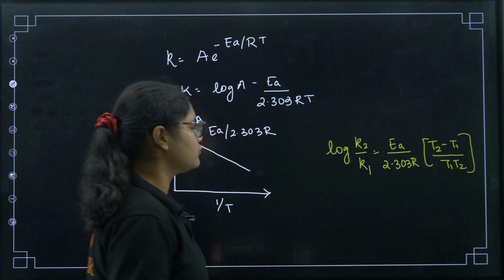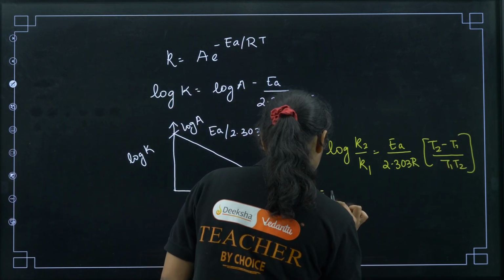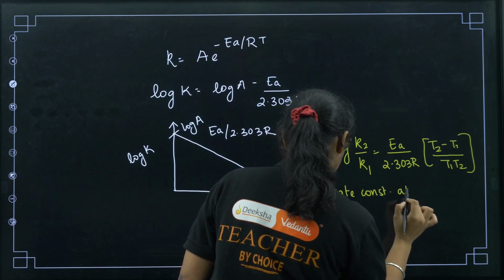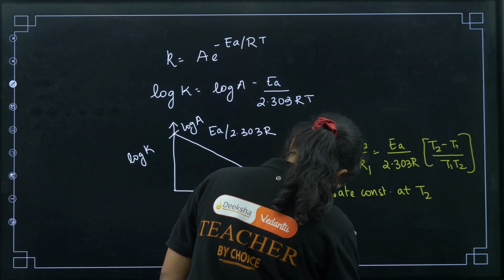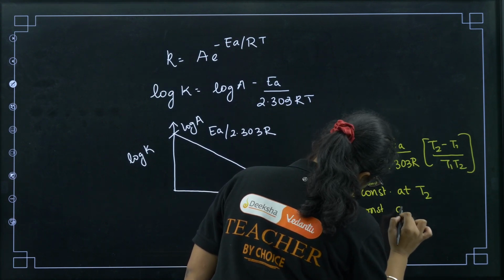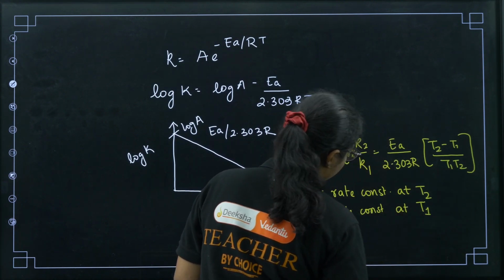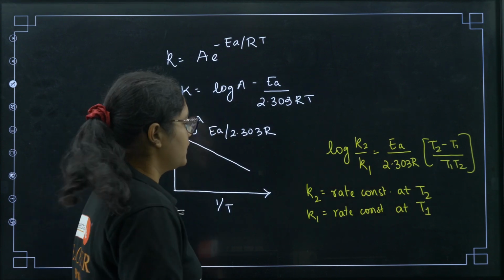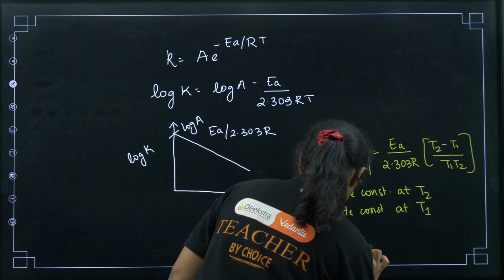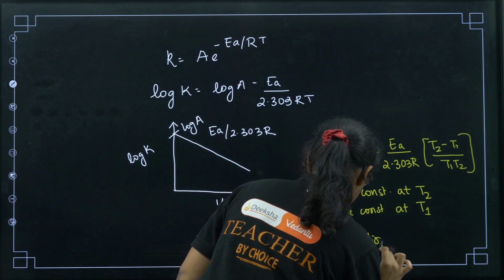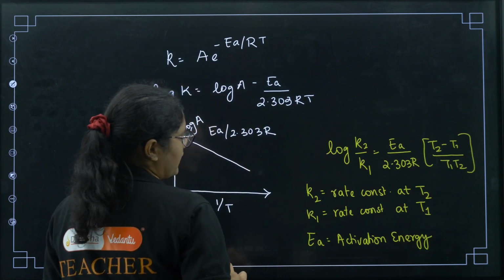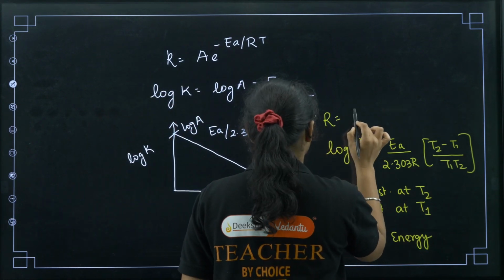Now here what you should be knowing, K2 is the rate constant at temperature T2, and K1 is the rate constant at temperature T1. Clear? And EA is the activation energy, and R is your gas constant.